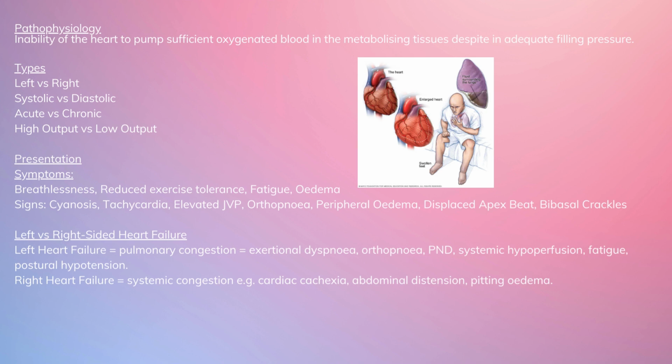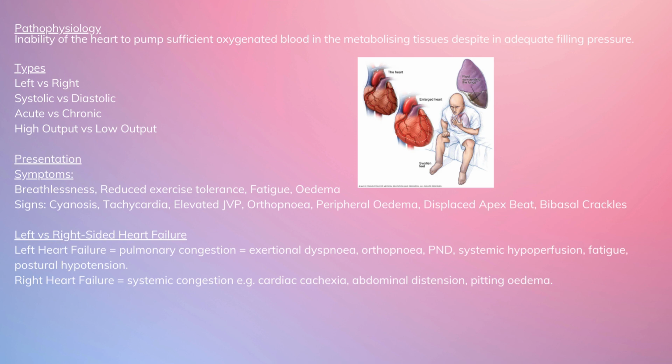And low output heart failure is when the heart's output is reduced due to a primary problem of the heart, so the heart is unable to meet the body's needs.